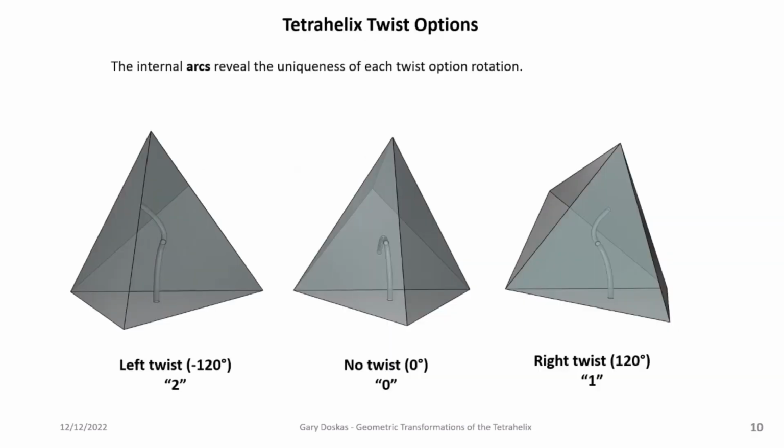Now, just to give a bit of a visual, these are the three different twist options between any two elements. And I've included the internal arcs to more clearly show the actual structure that's not really visible when using the tetrahedrons themselves. So I define this tetrahedral arc.